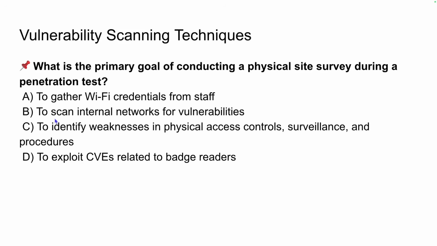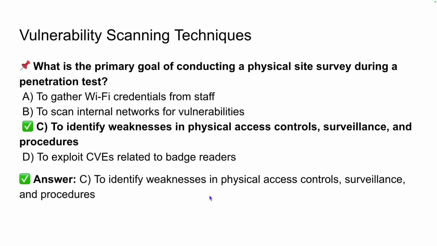That's kind of like digital reconnaissance, digital enumeration is what you're doing. To identify weaknesses in physical access control, surveillance, and procedures, that's the answer. To exploit CVEs related to badge readers, it's not a part of the site survey, I would say. This seems a little bit more digital and technical versus physical. So my answer would be C.